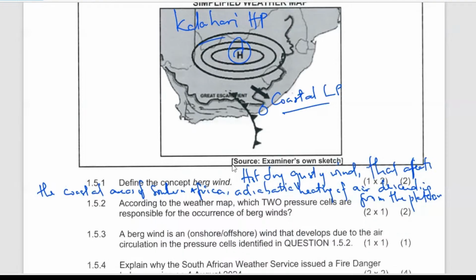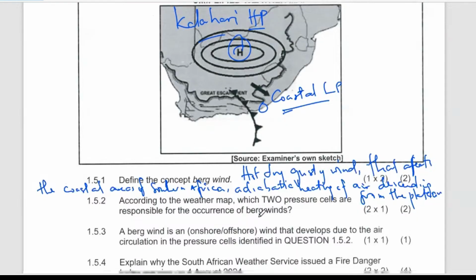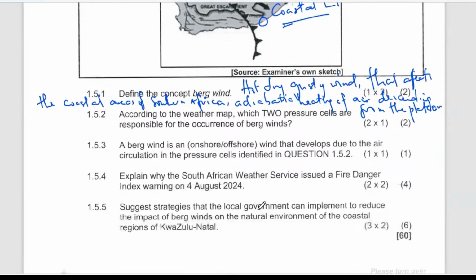The Kalahari high pressure cell dominates over the interior and causes descending air, and there is a pressure gradient because there is a low pressure cell around the coastal areas. Because of that difference in pressure, air drifts down the plateau to the coastal areas, and as it goes down, it heats up adiabatically, and it causes the Berg winds.